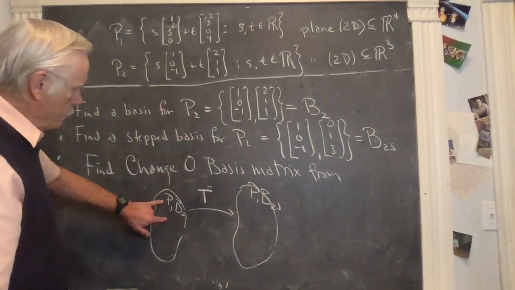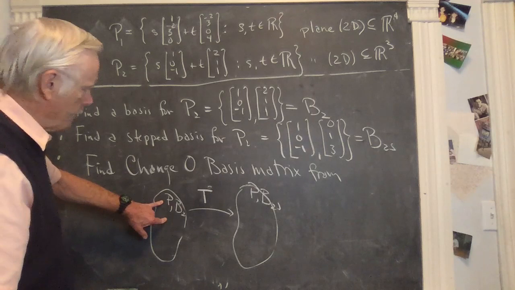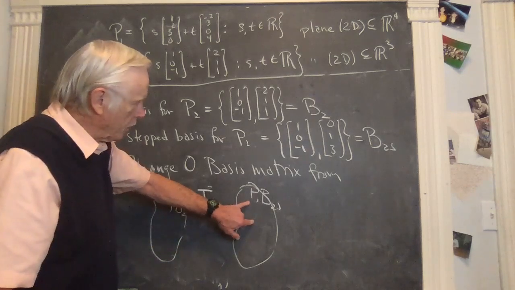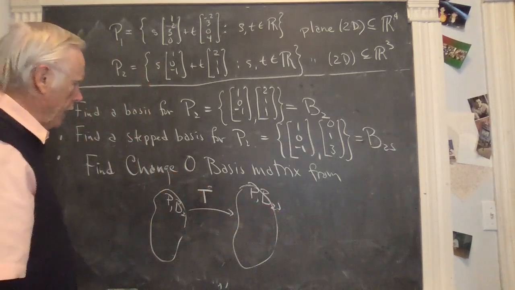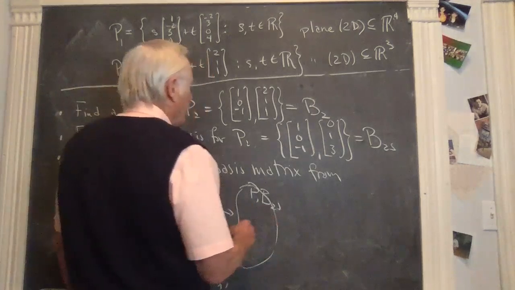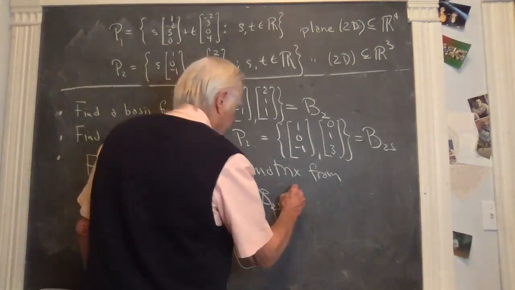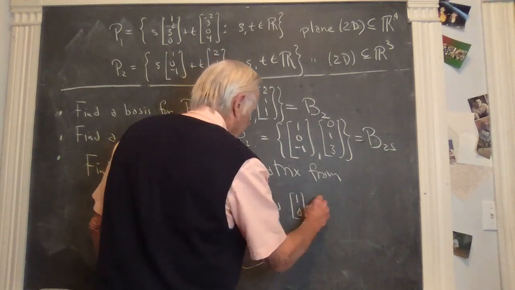So take each one of these basis vectors one at a time, write them in terms of the basis B2S, and we'll see what we get. So that's what we're going to do. And so the first basis vector from B2, this is 1, 0 according to B2.